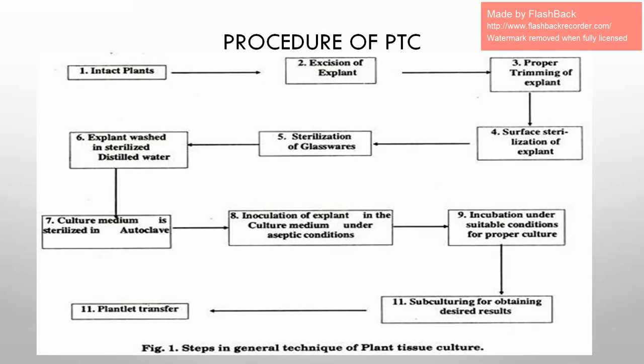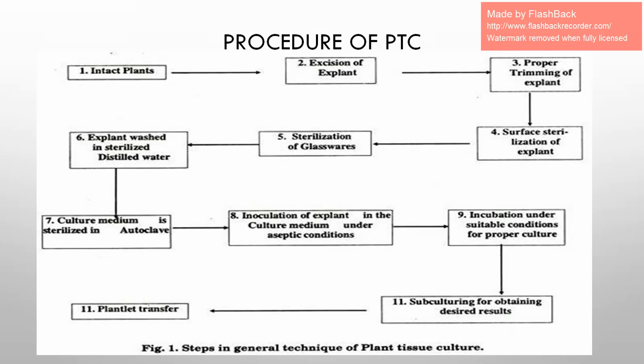These are included in that medium, and they support plant growth in in vitro condition. Then after that, the inoculation of the explant in the culture medium under aseptic condition. So in laminar airflow, we can transfer the explant onto the bottle containing MS medium.